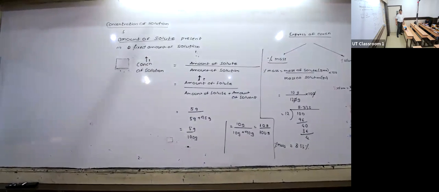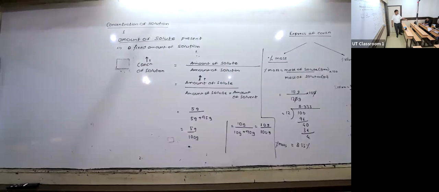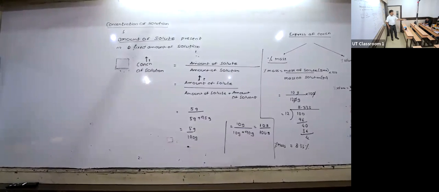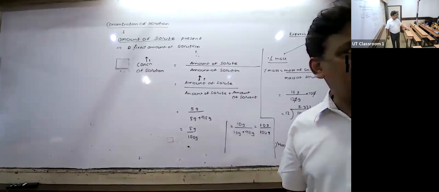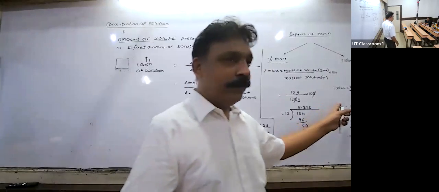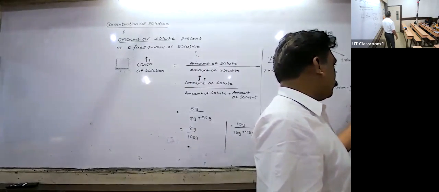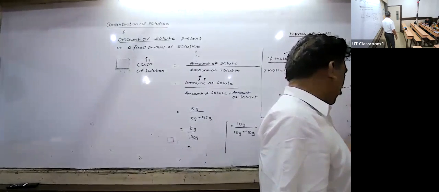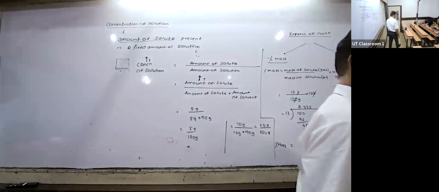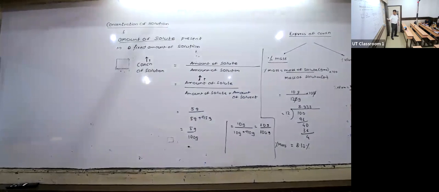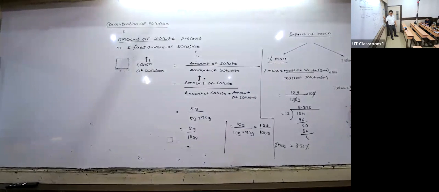What happened? Are you not able to see it here, or on both sides? Okay, which part are you not able to see? Volume of solute upon volume of solution into 100. If there is any doubt, please ask, don't be hesitant. Sometimes this space is not there, so I write a little bit smaller. Srinidhi, done or not?